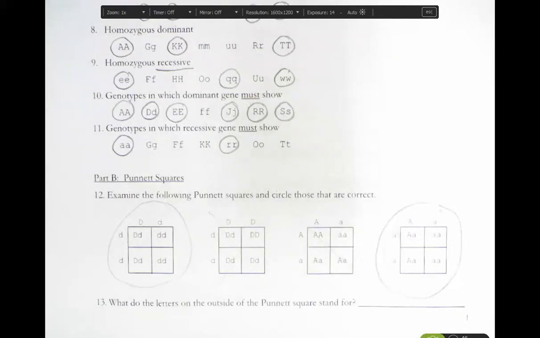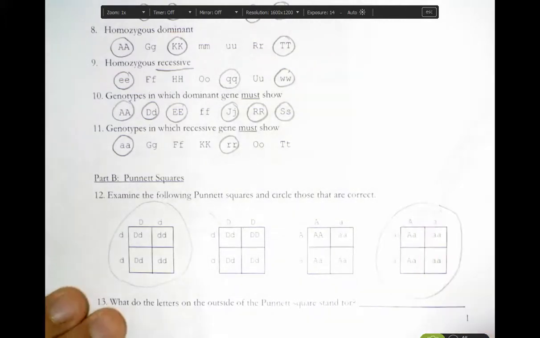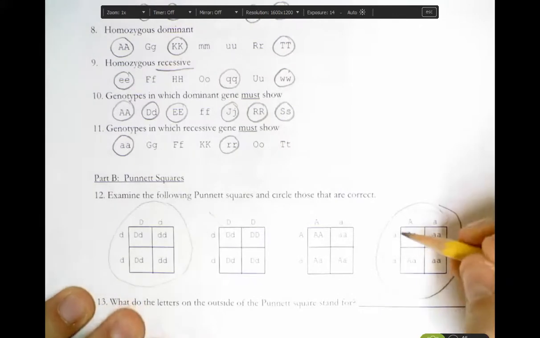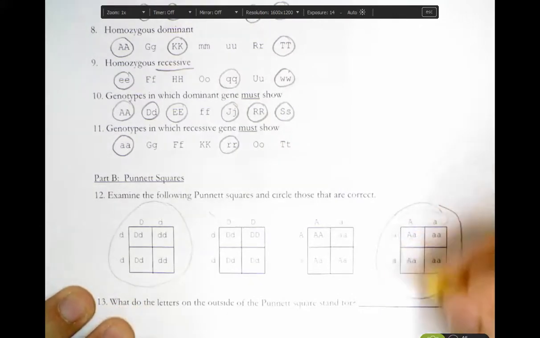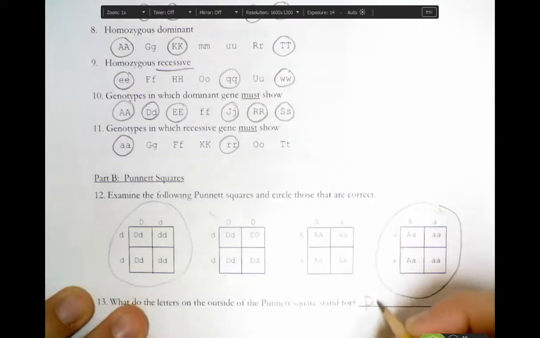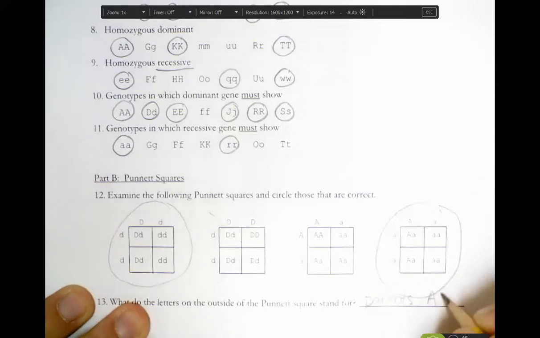So yes, they are dominant and recessive alleles, but we want to be more specific. Yeah, what alleles the parents have. So those letters on the outside of the Punnett square stand for the parents' alleles.